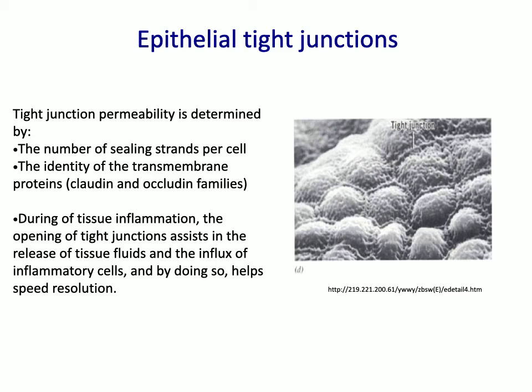In this image, you can see the tight junctions between epithelial cells. Tight junction permeability can change during tissue inflammation, in which the opening of the tight junctions allows the release of tissue fluids so that the cells are not injured by the buildup of excess fluid during the inflammation and swelling.